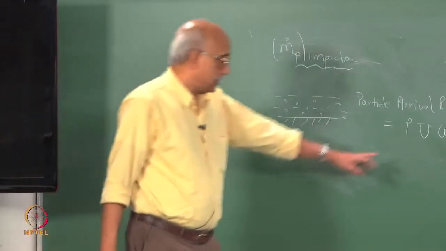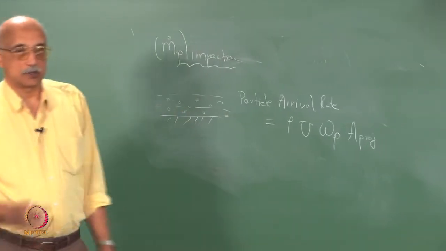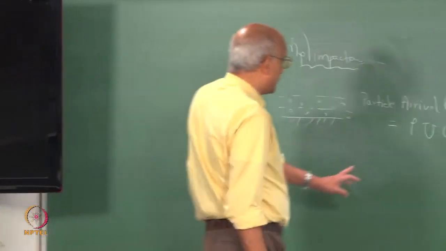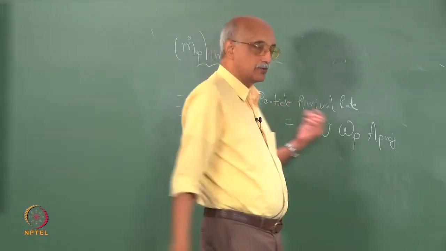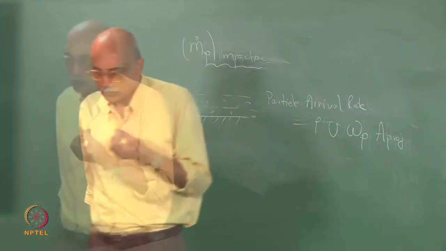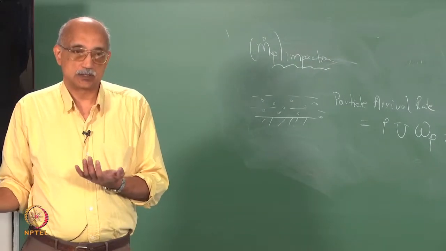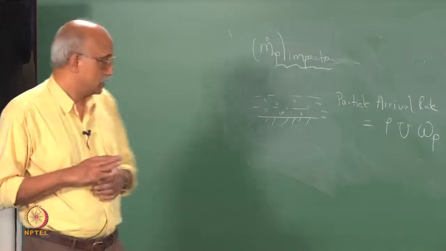When you multiply that by the mass fraction of particles, that gives you the mass flow of particles, and then when you multiply it by the projected area of the surface, this tells you how many particles are actually flowing past the surface per unit time.